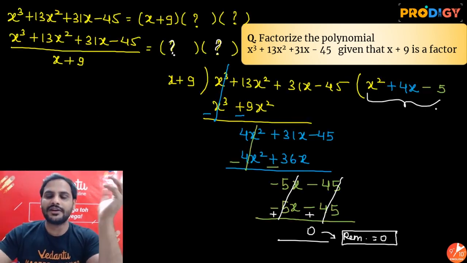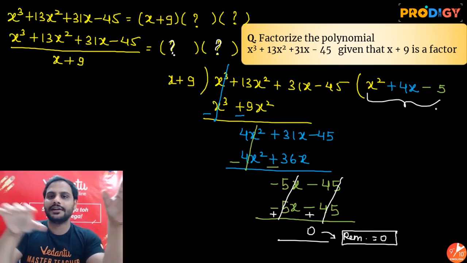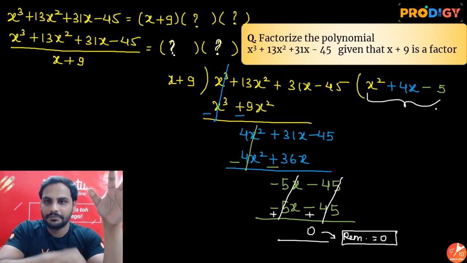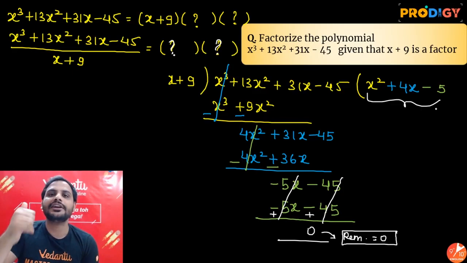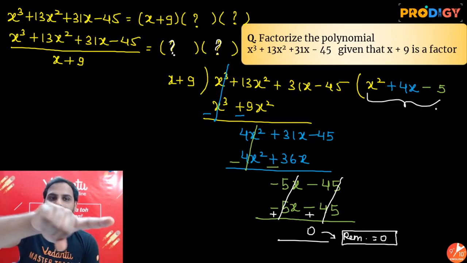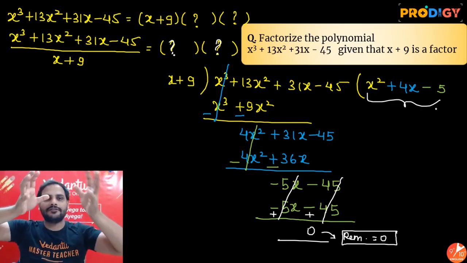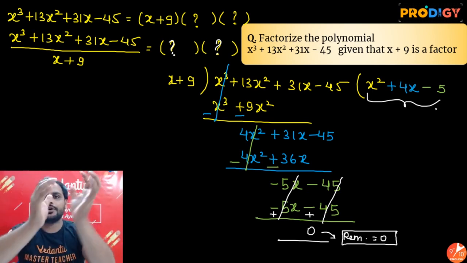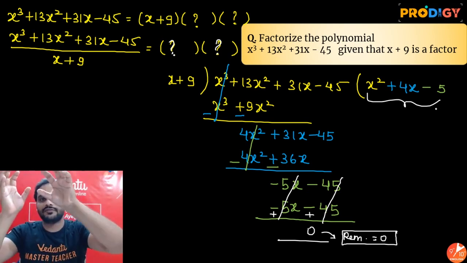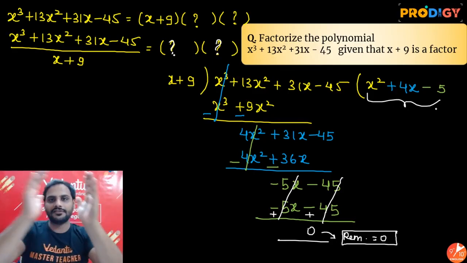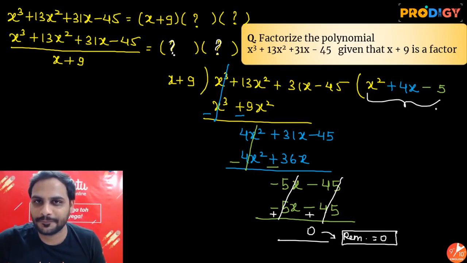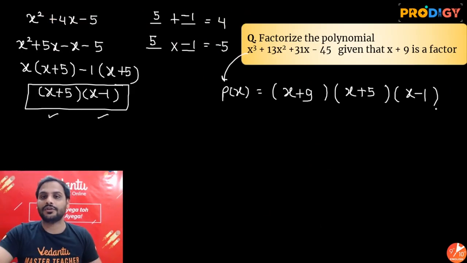Generally students directly know that we have to divide a given polynomial by the factor. But why we do this division, I hope that is clear from the start: this cubic polynomial is made by the product of three factors. The one which I know, if I shift it to the LHS, multiplication will go into division. So if I divide these two, I will get the remaining two factors. So this is how you solve.